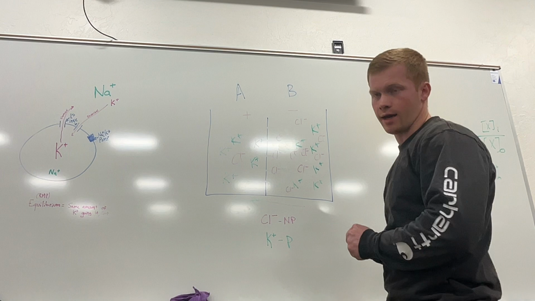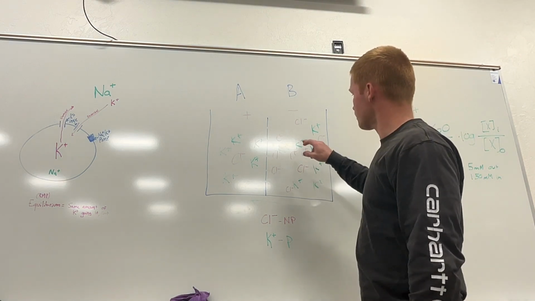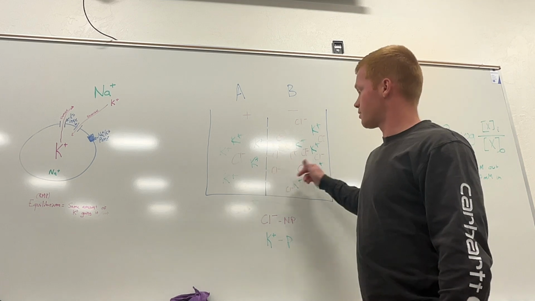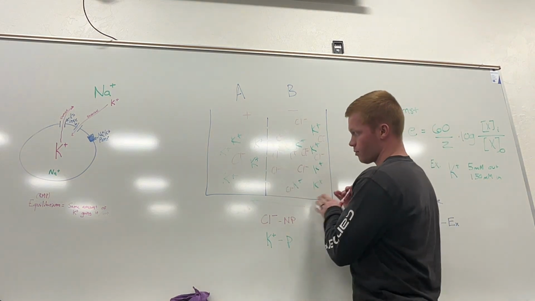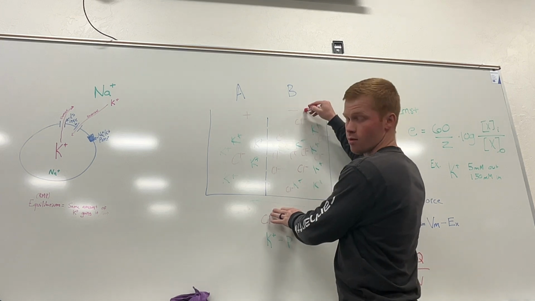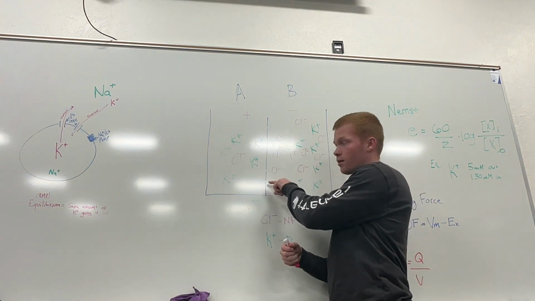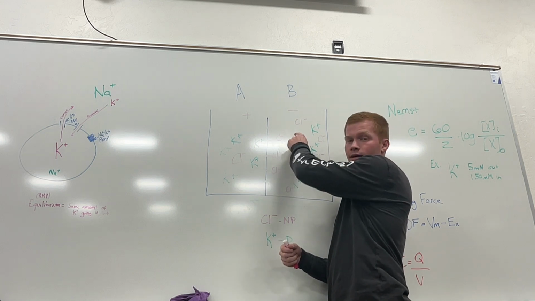This is where we have the electrical gradient come in. These potassiums want to diffuse this way because of the concentration gradient, but then we remember we have the electrical gradient, and they're not going to want to diffuse anymore because it's negative over here.